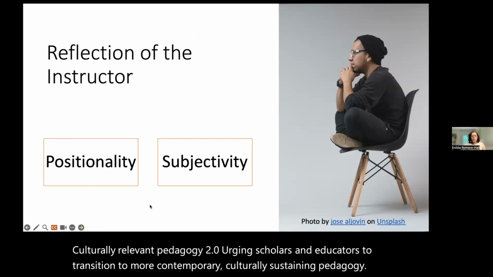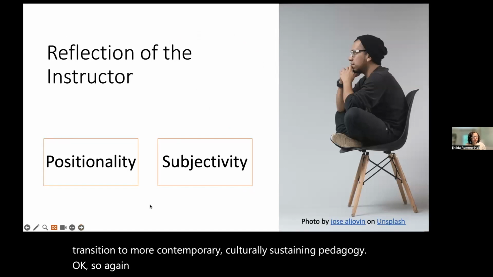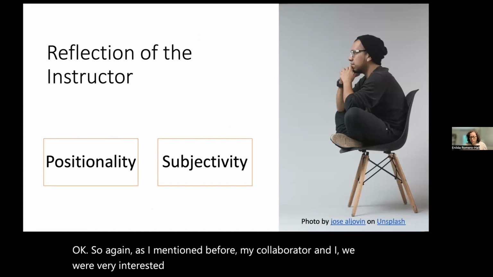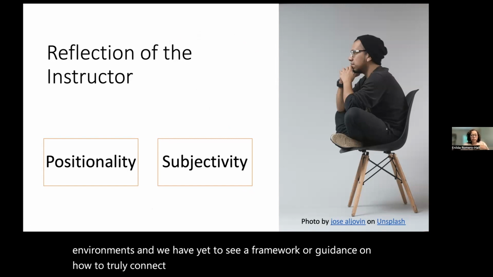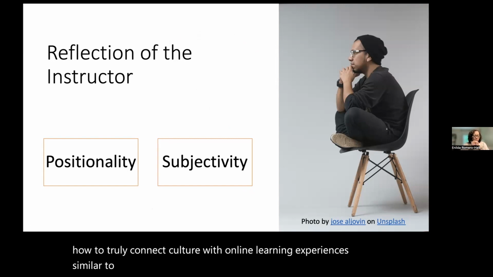Okay, so again, as I mentioned before, my collaborator and I were very interested in elements of culture in online learning environments, and we had yet to see a framework or guidance on how to really connect culture with online learning experiences, similar to what Steve had just recently mentioned in his question to us.